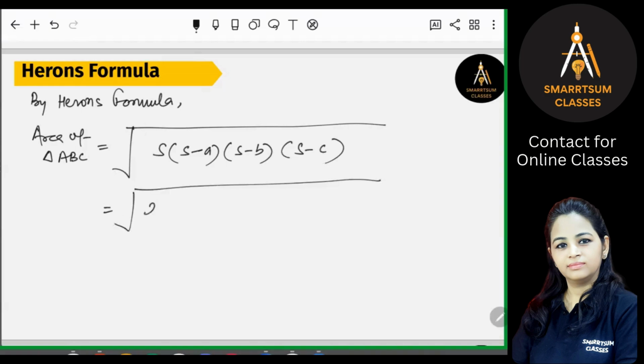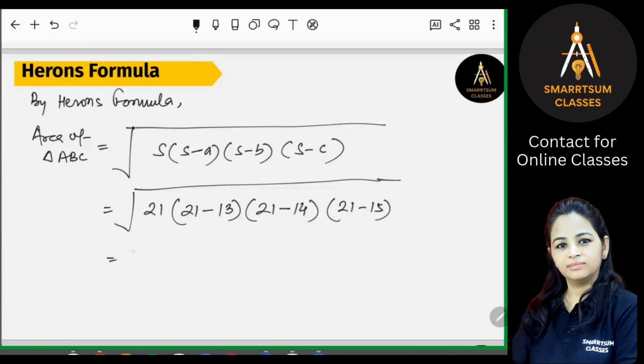S is 21. We have already found it. Now 21 minus A, A is 13. S minus B, so 21 minus 14, B is 14. And S minus C, that is 21 minus 15.